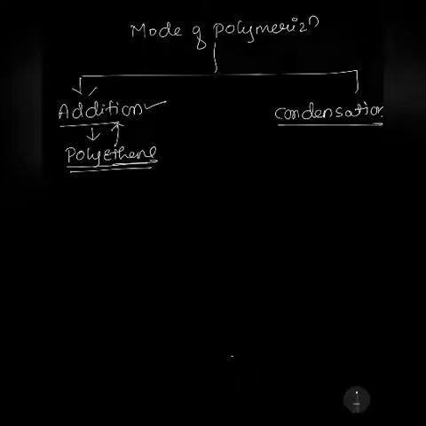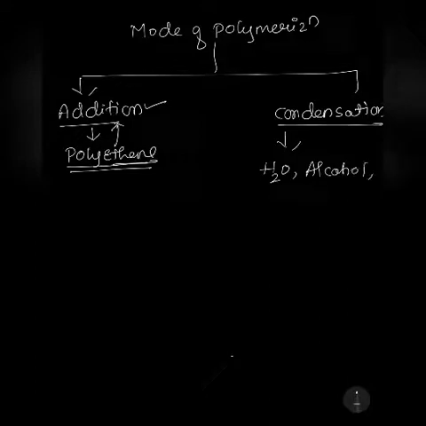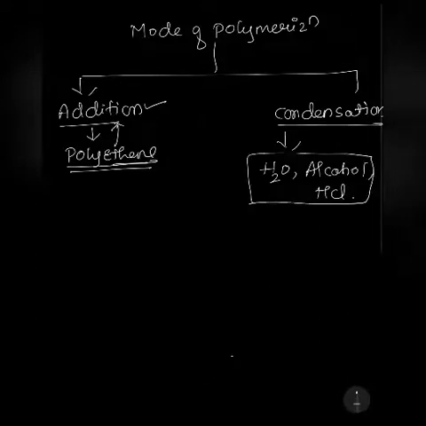But in condensation, students, these polymers are formed by combination of monomers with the elimination of small molecules like water in the majority of cases, alcohol in some cases, or HCl. If these are eliminated, then the resulting polymer is called a condensation polymer.